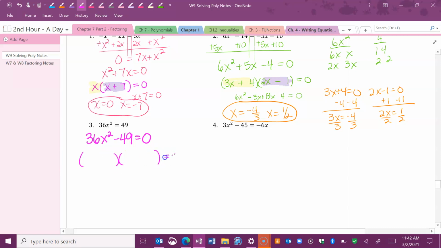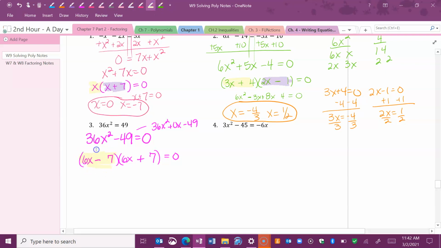Now remember, this is similar to 36x squared plus 0x minus 49. So my goal is to get that 0x. So if we remember, that means the same numbers are going to have to be in each parentheses. So it has to be 6x and 6x, and it has to be 7 and 7. And one of them has to be subtraction, and one of them has to be addition.